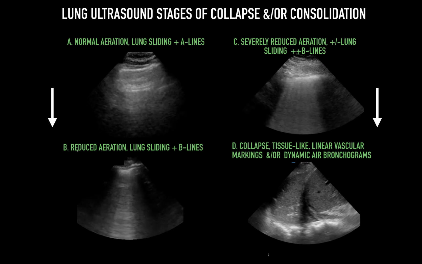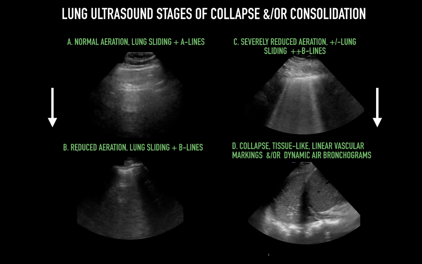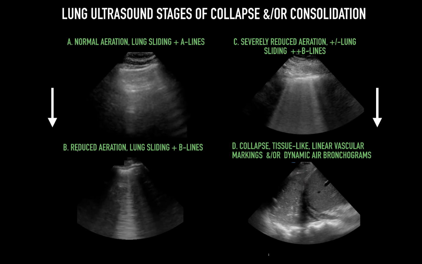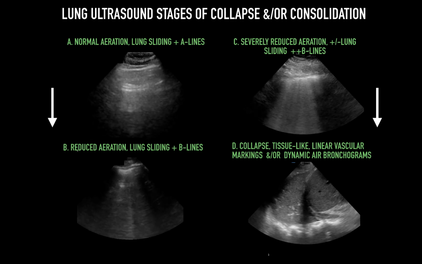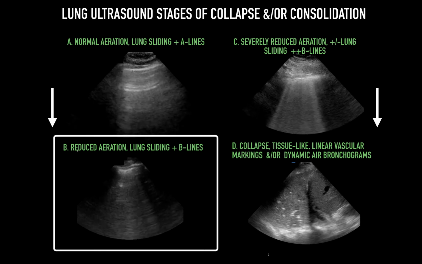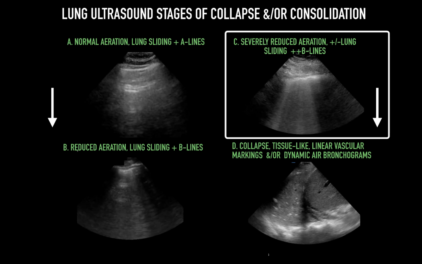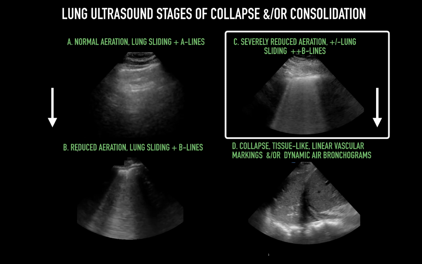The development of a consolidation is usually not appreciated on chest X-ray, but can be tracked on ultrasound. The pathophysiology behind this is the progressive reduction in aeration. This progressive reduction in aeration leads to the eventual formation of B lines, which then coalesce as we can see here in B. In C, we see a severely reduced aeration, which may be accompanied by lung sliding.